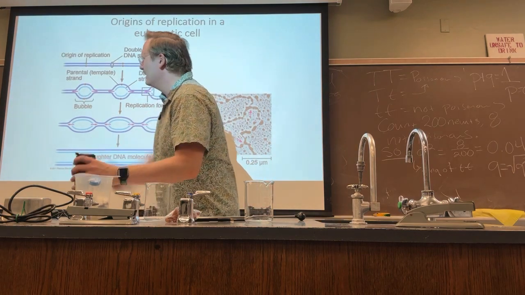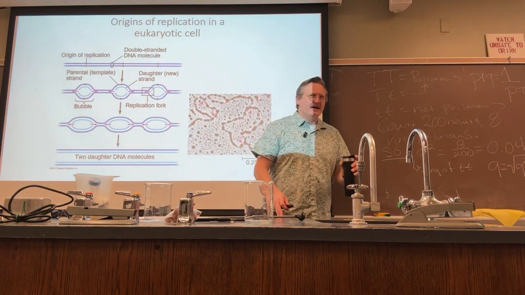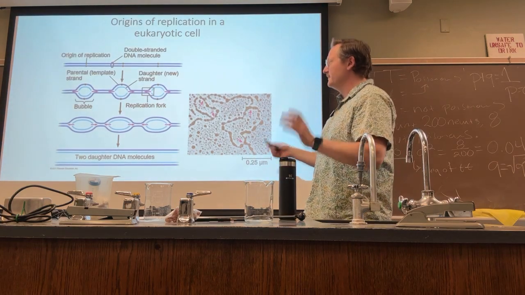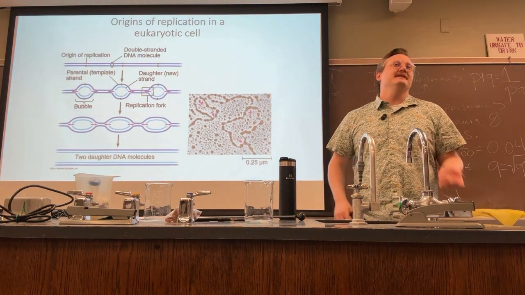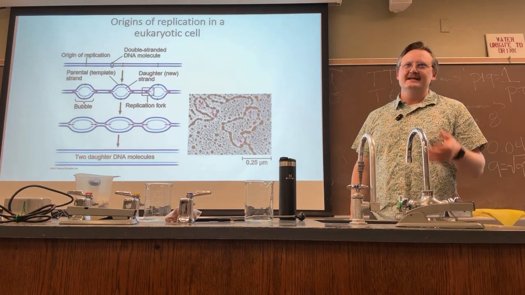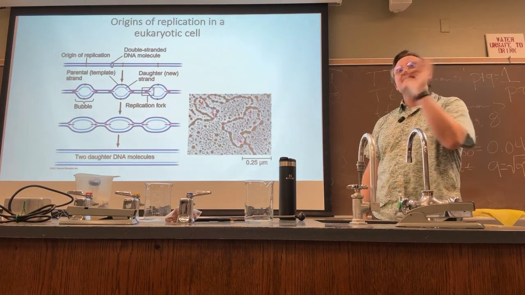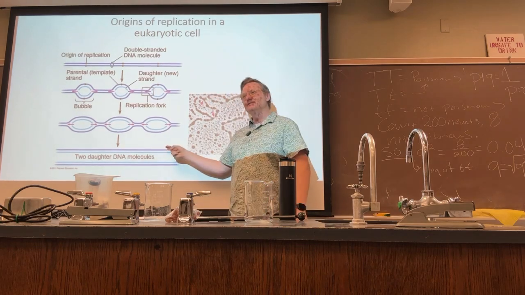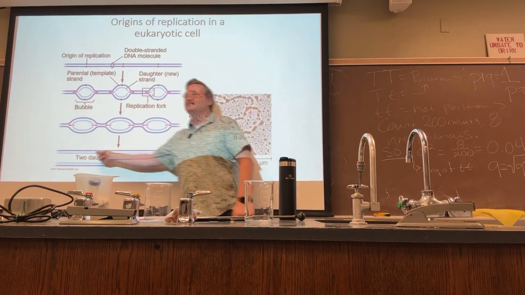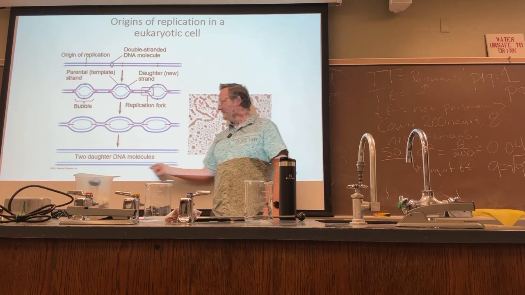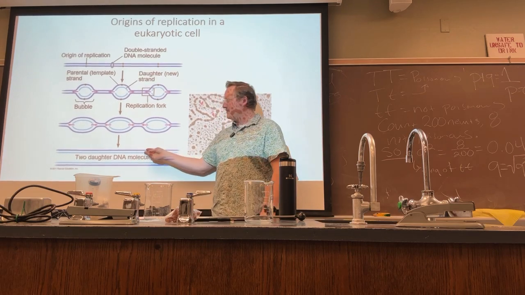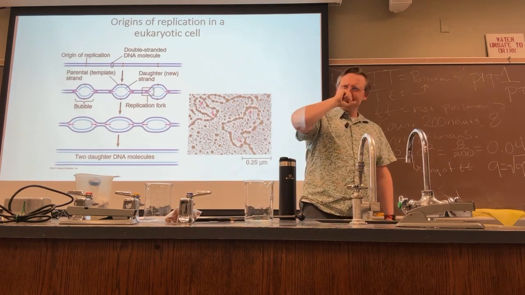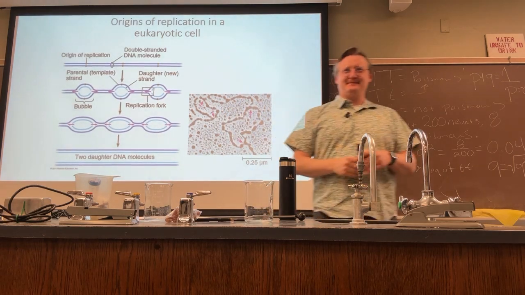Okay. There's a new term here: semi-conservative replication. DNA replication is semi-conservative in that in the new DNA molecule, you conserve one strand of parental DNA. So the new DNA molecule is half old DNA and half new DNA every time DNA gets replicated.